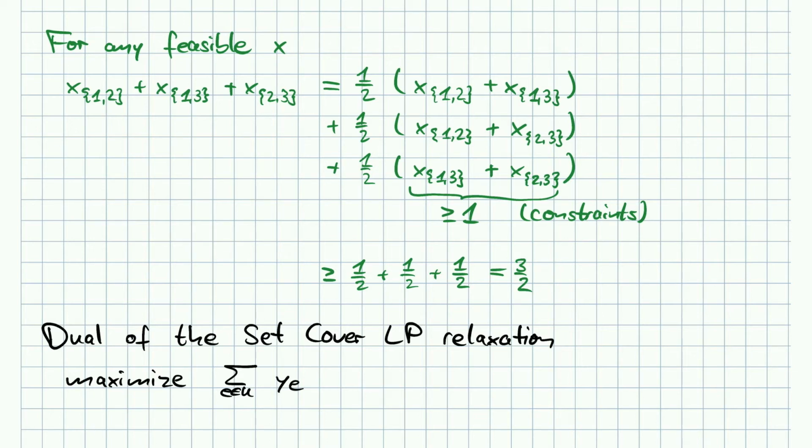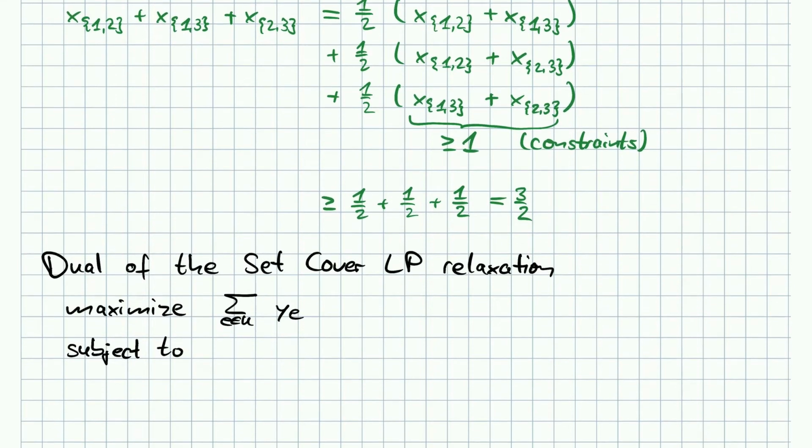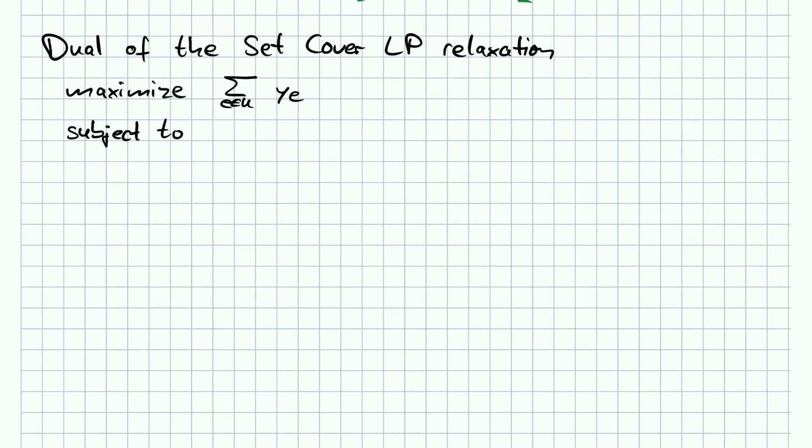Ye, those are new variables which we'll call dual variables. And we'll have the following constraints. We'll have the constraint in the dual that for every set S, the sum of the ye over elements e contained in S sums up to at most cS. And that all these ye are non-negative.